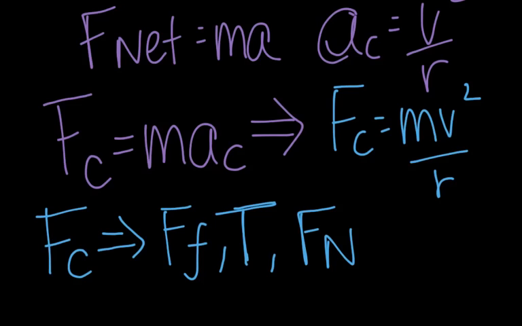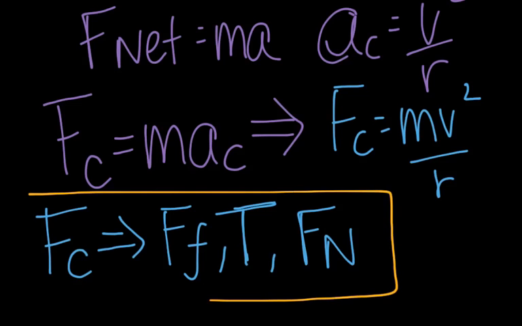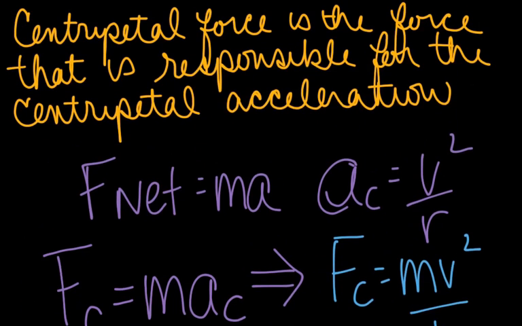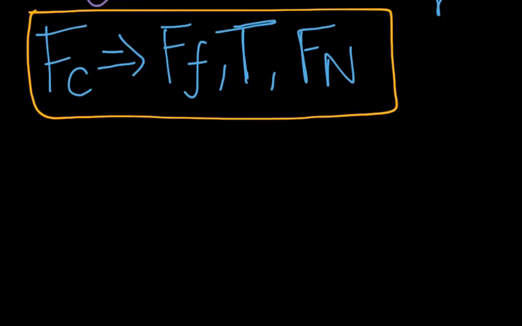So the one I want you to be concerned with is centripetal force, and that's the one that's pulling you in towards the center. So just like centripetal acceleration, centripetal force is always pointing towards the center of the circle as well.